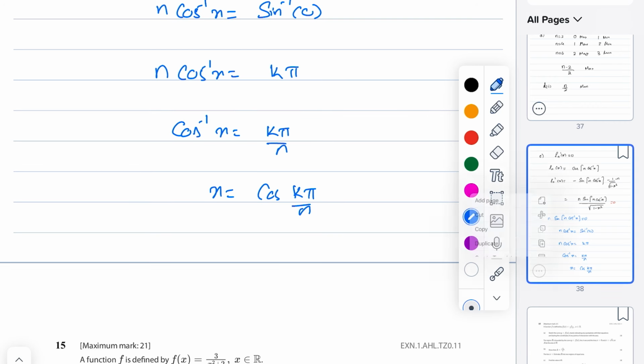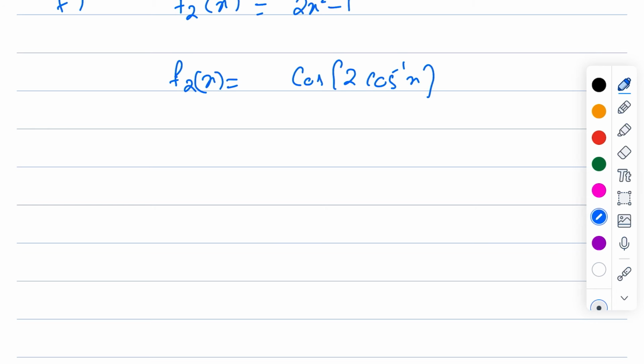Then in part F, use an appropriate trigonometric identity to show that f2(x) equals 2x square minus 1. So what is f2(x)? f2(x) equals cos of 2 cos inverse of x. We use a formula.